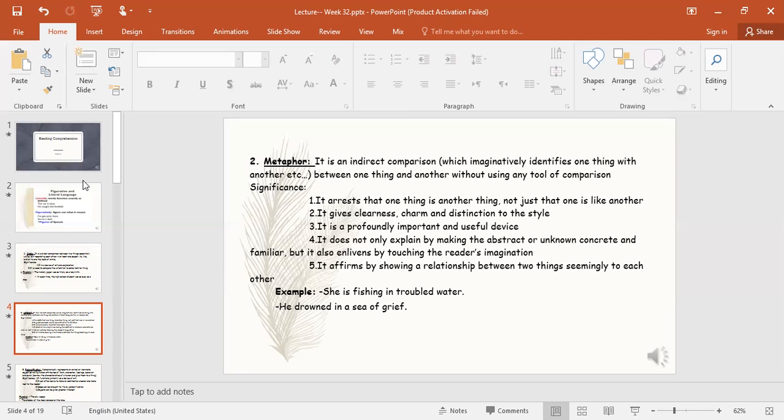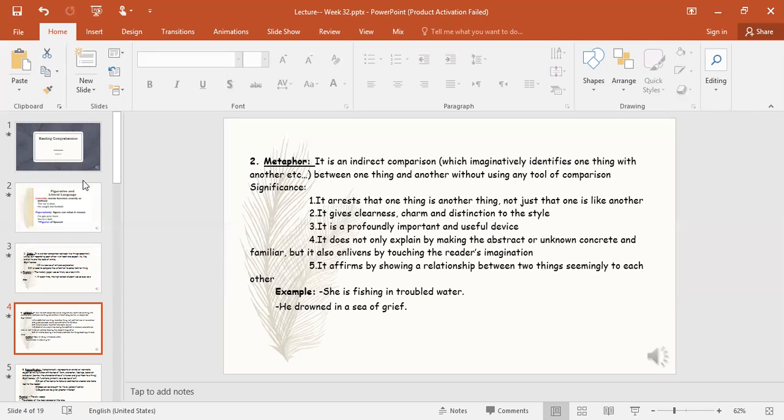Now, why do we use metaphors? First of all, metaphors assert that one thing is another thing. It makes you imagine that one thing is something else. It gives clearness, charm, and distinction to the style. Again, it gives a style of art to your writing. It is a profoundly important and useful device.